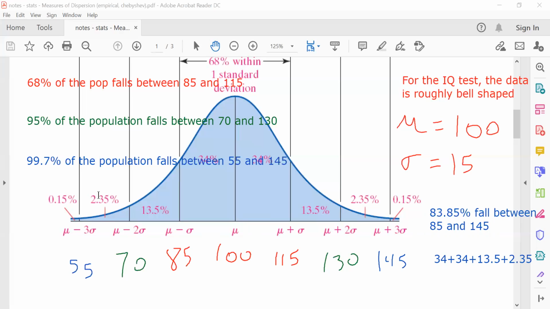A small sliver, 2.35% of the population, falls between an IQ of 55 and 70. So there's all kinds of things you can do with that. But if you remember the empirical rule, the 68, 95, 99.7 rule, you can actually recreate this chart. You're just splitting things in half, moving things around. It's pretty darn straightforward. Any questions on the empirical rule, either from class or in the Zoomosphere?